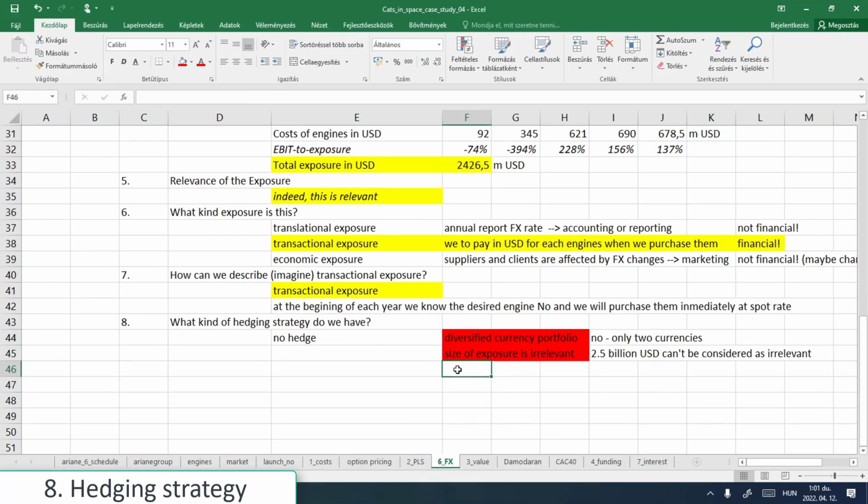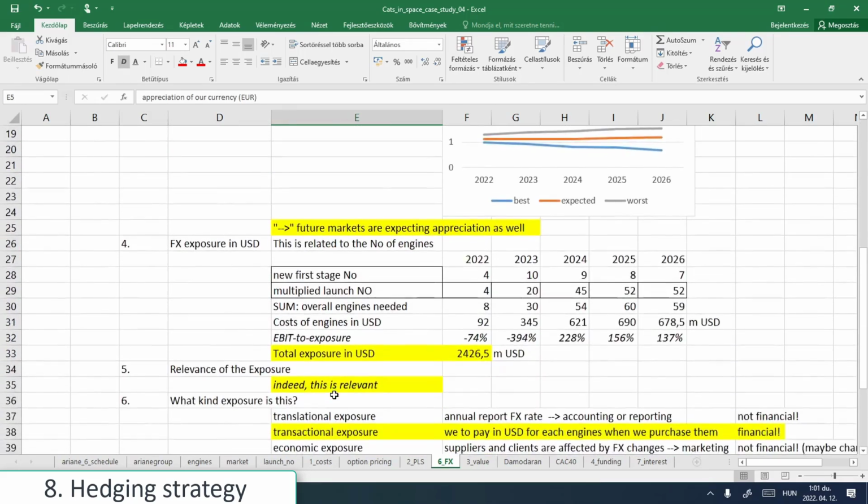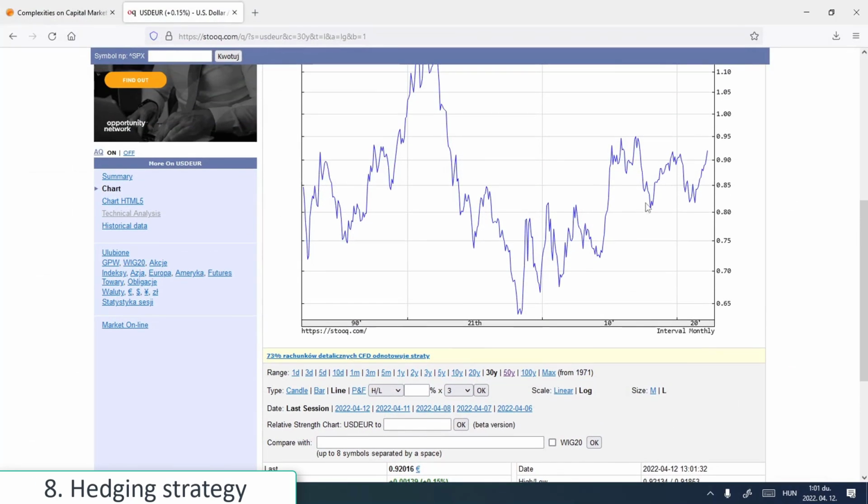Then diversified portfolio size, and also support by market trend. We are saying that appreciation would be nice, and which trend is this right now, even if you are not looking at the overall time period, but this is going this way.